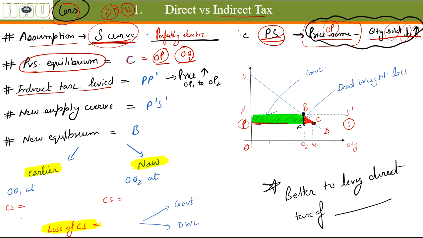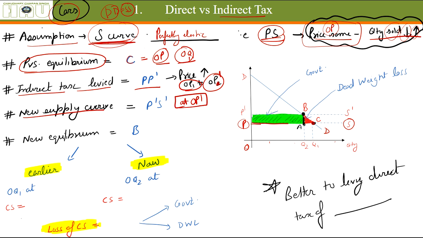Indirect tax has now been levied on cars, which is equal to PP1. As I told you with the example of petrol, indirect tax increases the price of something. Earlier the price of cars was OP, now the price of cars has increased to OP dash. So now the new supply curve is at price OP dash.